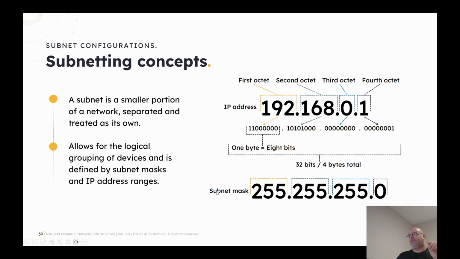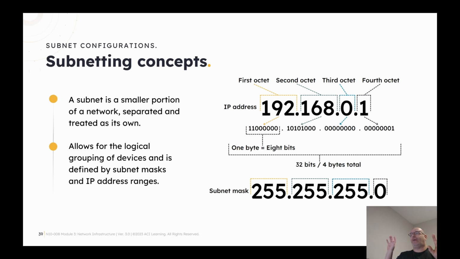All right, so a couple of things. Number one, all a subnet mask does is tell the computer which part of this address is the network side and which part is the device, right?